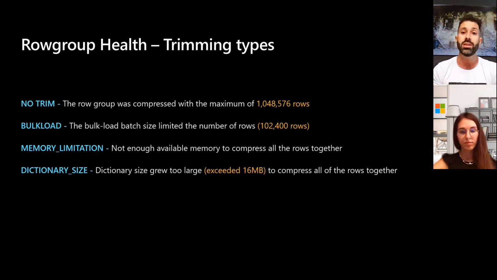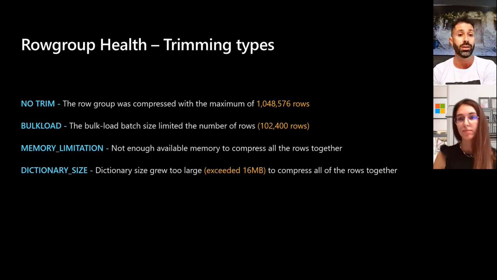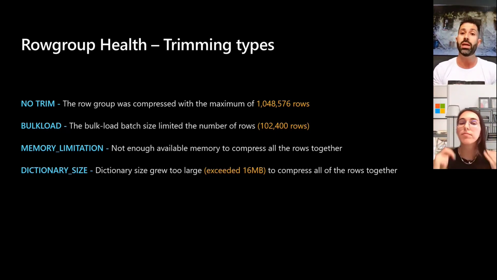But we have seen some trimmings that cannot give you the best performance. The memory limitation is one of the most common issues in your column store index. It means that the user that is performing the creation or the rebuilding of the index reached the memory limit.